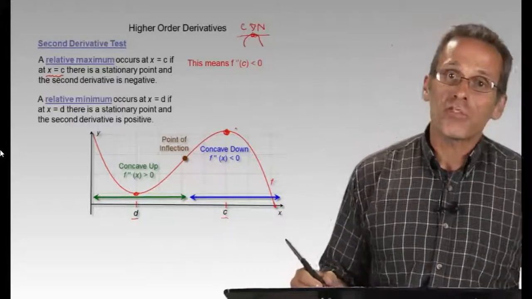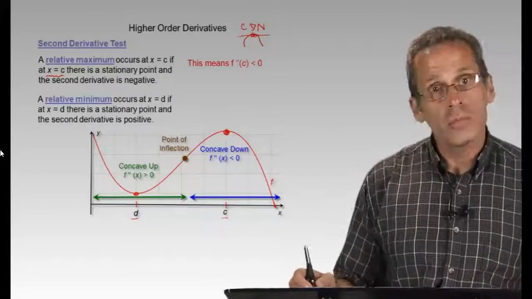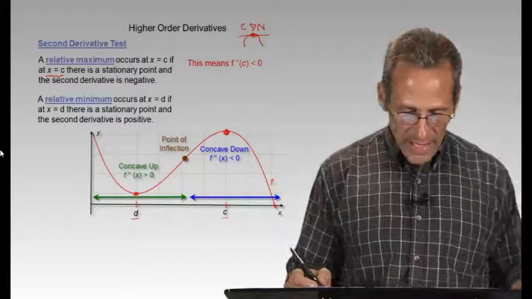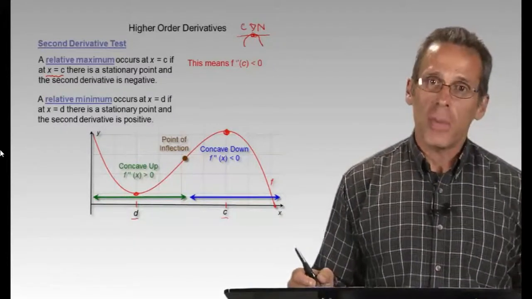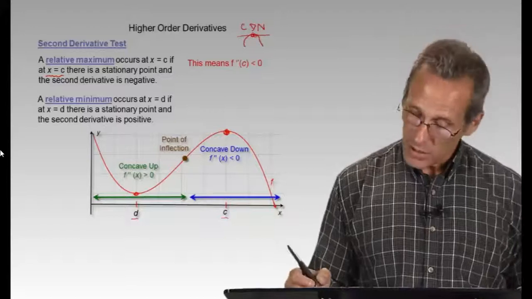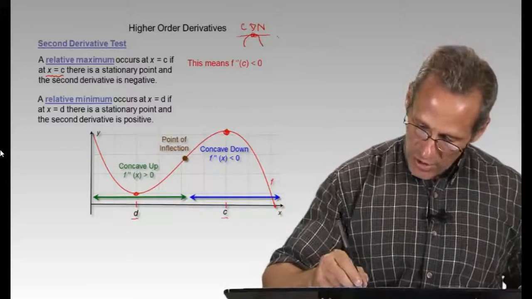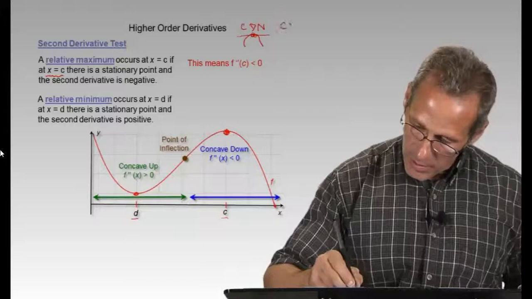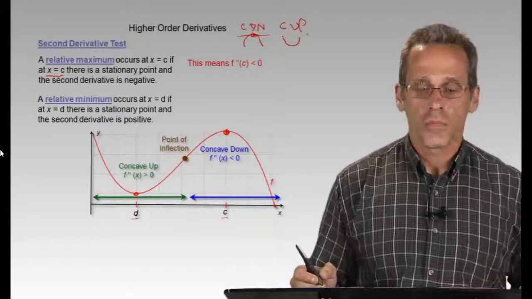Relative minimum. Let's turn to a relative minimum. A relative minimum occurs at x equals d if at x equals d there is a stationary point and the second derivative is positive. Now, let's think this through for a moment. Second derivative is positive, so the general shape is concave up, positive, U-shaped.